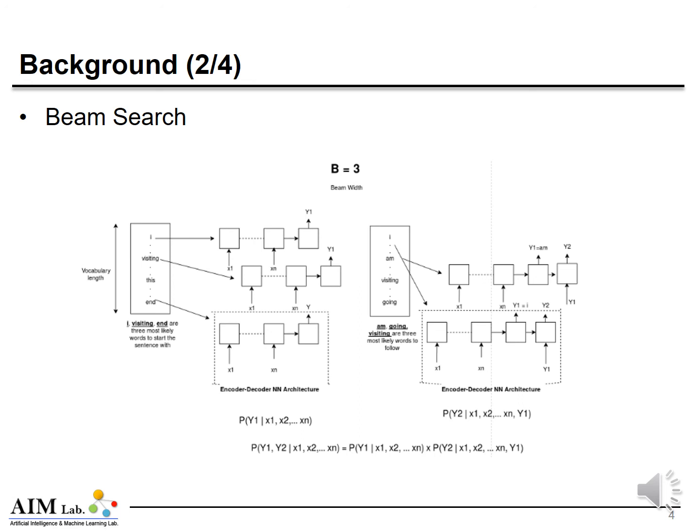Our aim is to maximize the probability of Y1 and Y2 occurring together. Again, in step 3, we take the top B probable Y1, Y2 pairs from step 2 and hardwire them into the decoder network and try to find the conditional probability of Y3 and repeat these steps.